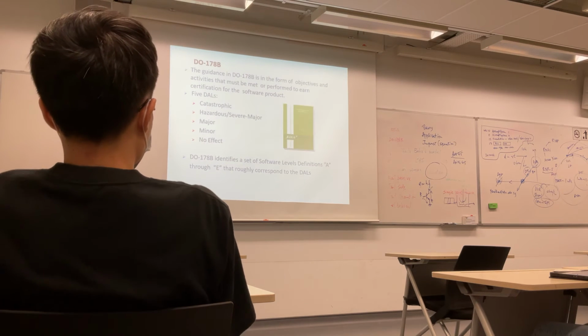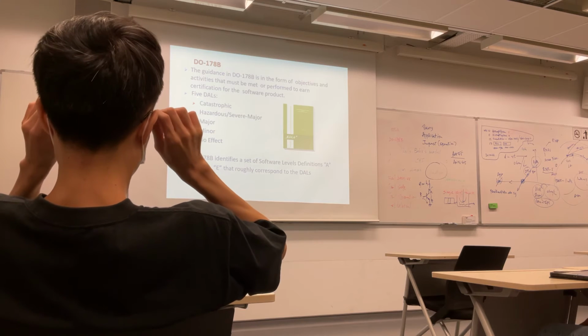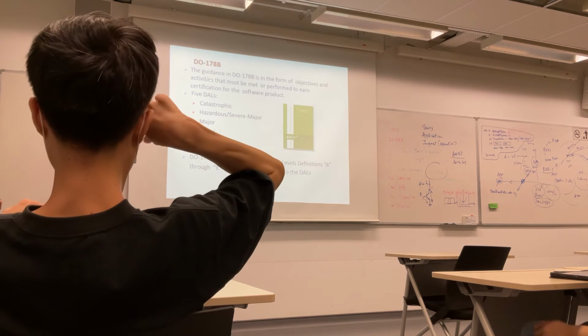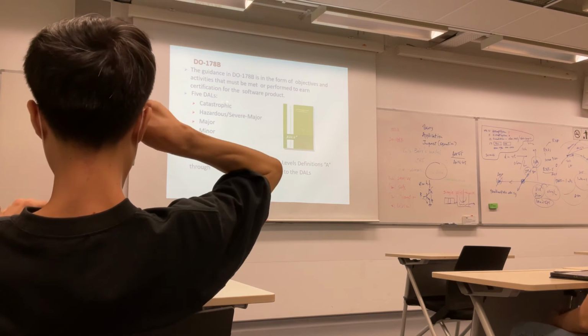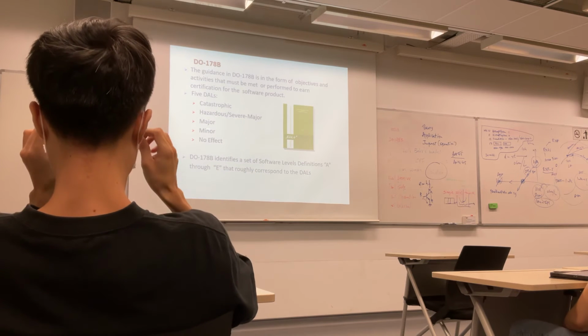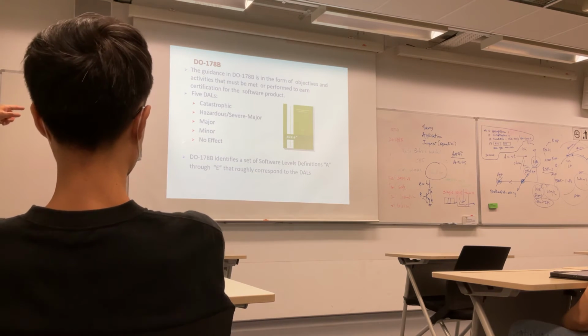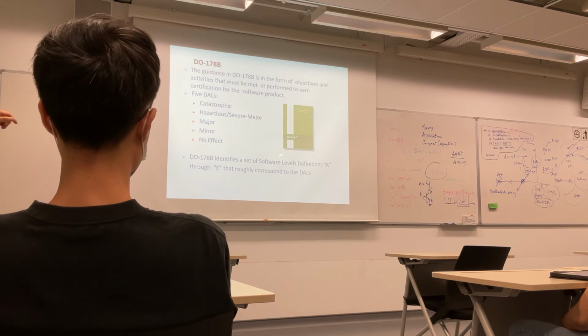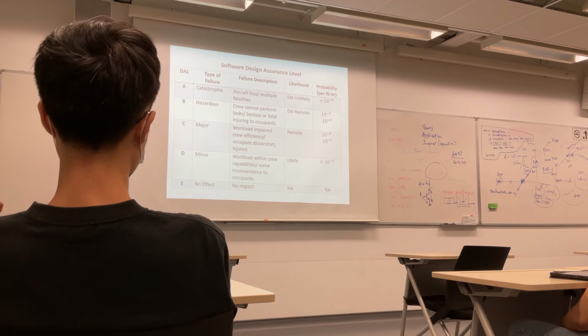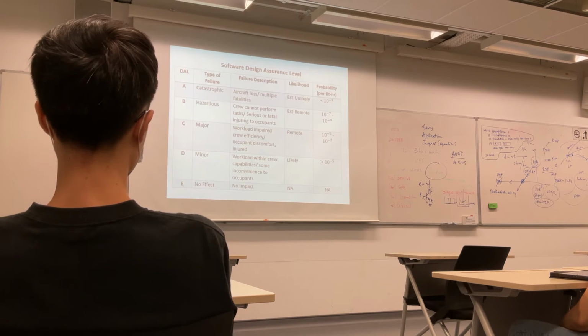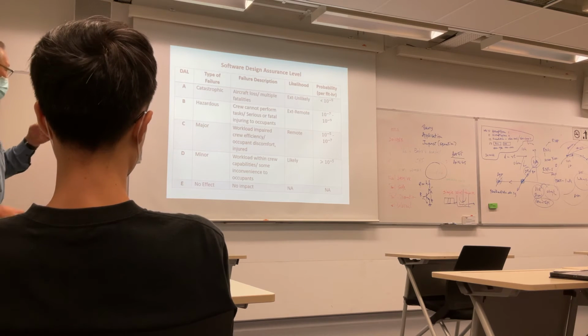So DO-178 specifies there are 5 DALs, design assurance levels: catastrophic, hazardous, major, minor, no effect. So they define all these things, A to E. A is catastrophic, that means a failure of an A can cause an air crash.